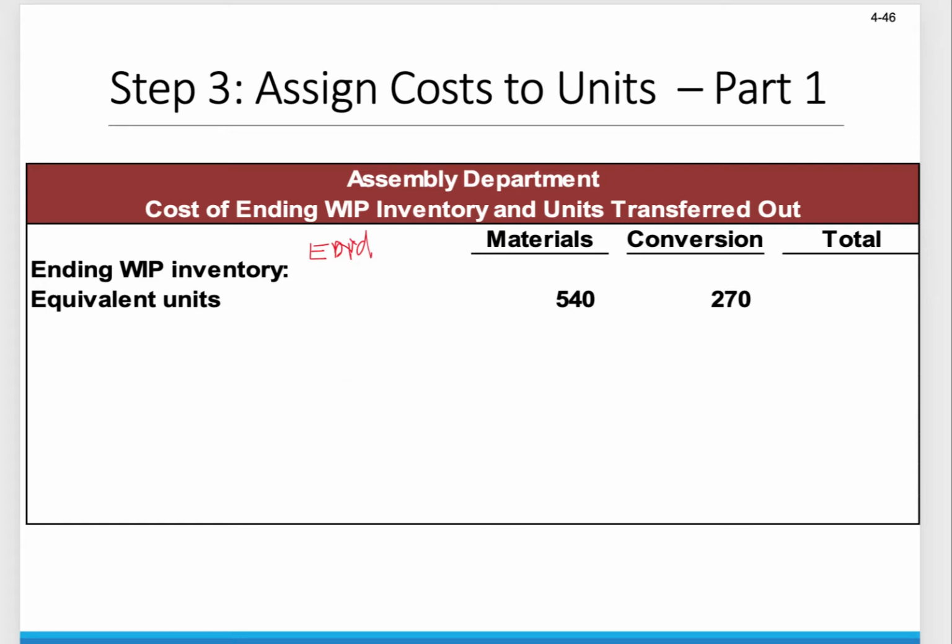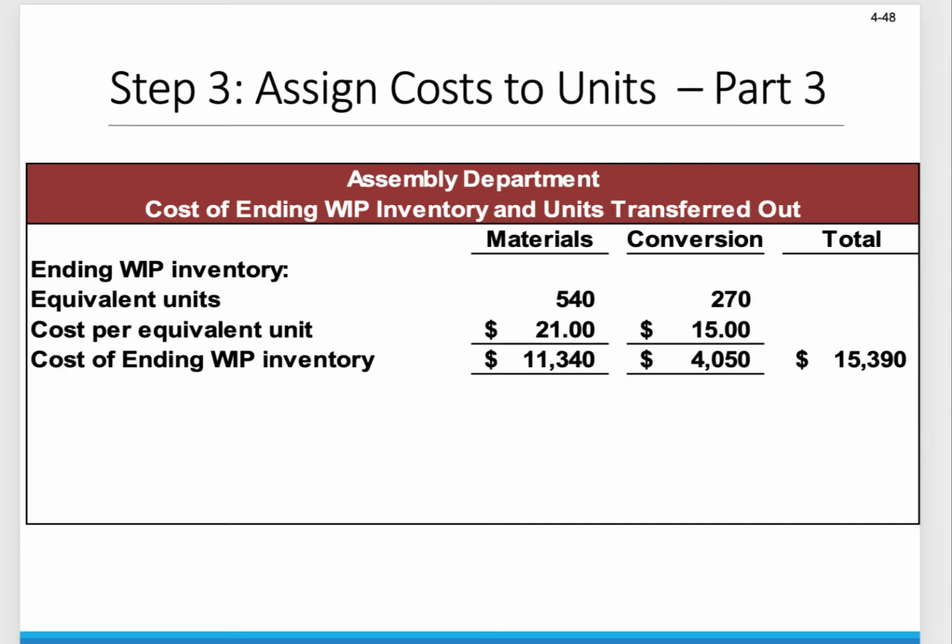Next, the second component for this calculation is that we need to record the cost per equivalent unit. We already figured that out. With respect to material, the cost per equivalent unit is $21. With respect to conversion cost, it's $15. Okay? Very easy. Then the third component of the calculation is to compute the cost of ending work in process. Well, that's easy. We just multiply, right?